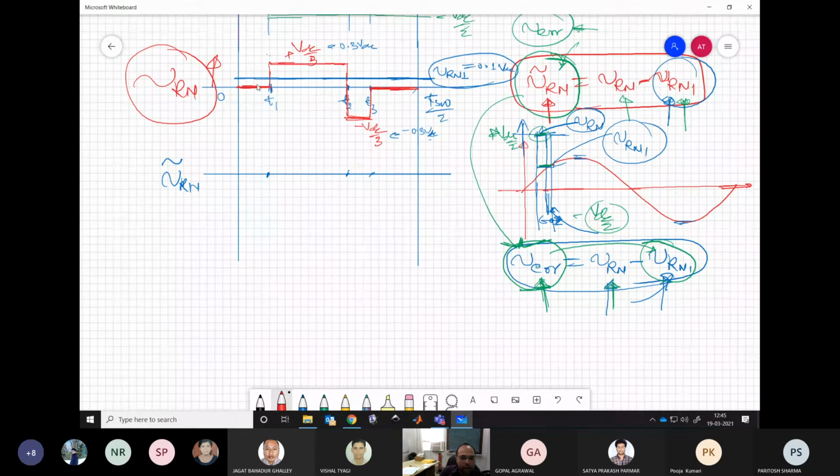So this is 0. 0 minus this 0.1 is minus 0.1 VDC. This is our ripple in the first interval, minus 0.1 VDC. Then in the second interval we have more voltage than required, 0.3 VDC minus 0.1. So this becomes positive. The error becomes positive. How much? Plus 0.2.